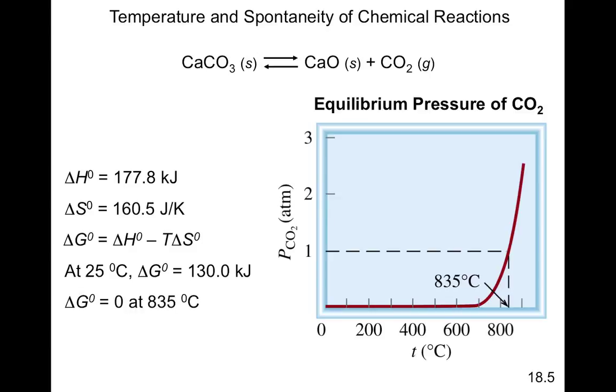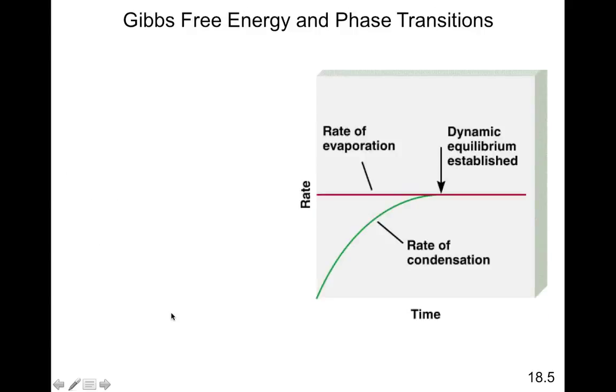So here's delta G at 25 degrees Celsius is positive. When it's 835 degrees Celsius, it's 0. And so if it's 0, any temperature above that will make our delta G negative. So here's phase transitions. If delta G is equal to 0, we're at a dynamic equilibrium.